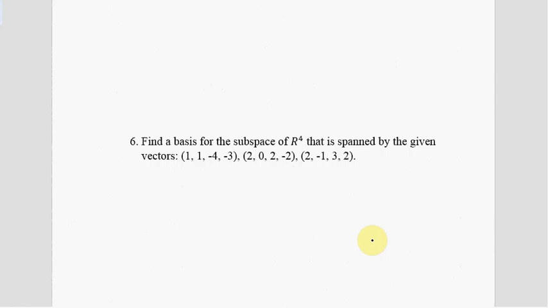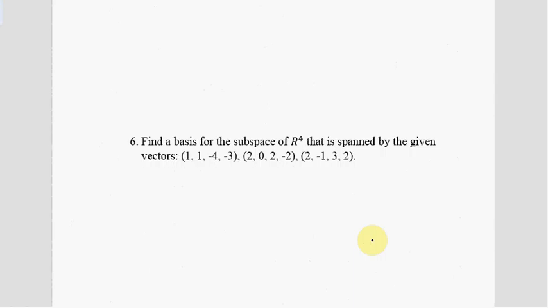But you have to go back and read what it says. The language is very significant. Find a basis for the subspace of R4 that is spanned by the given vectors. So we're not trying to span R4. We're trying to span the vectors that can be produced by writing these 3 vectors as a linear combination. You see that? A little bit different.